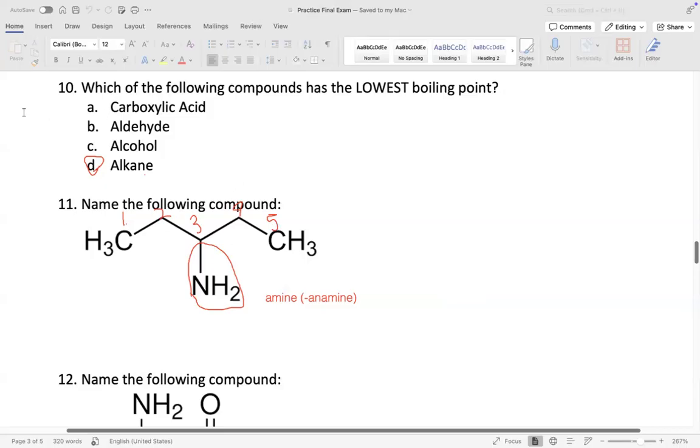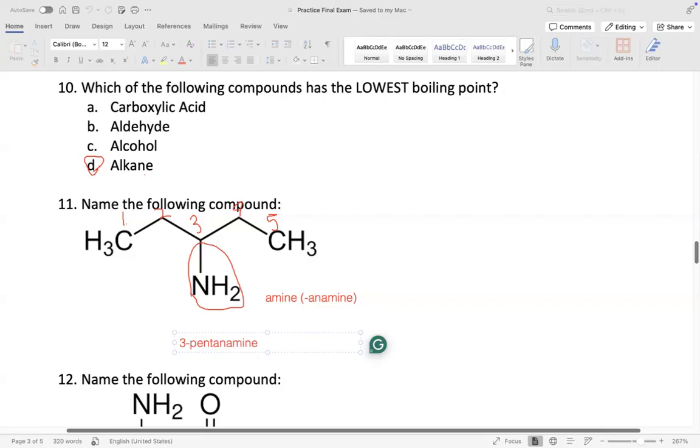So we have 5 carbons in the main chain, pent, and then amine, because that's my functional group. Working backwards, so in front of the pentanamine, I want to tell my audience where that functional group is. It's on carbon 3. All right.